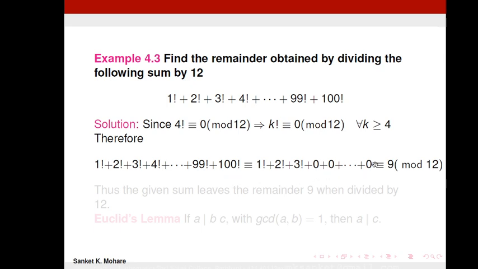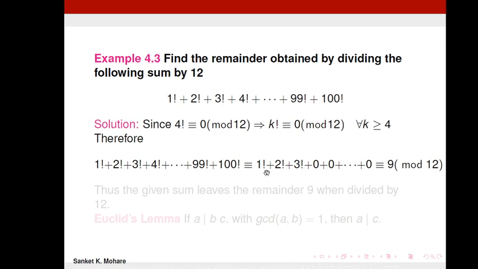Why do we take this 0? Because 4 factorial is congruent to 0 modulo 12. Similarly all other factorials greater than or equal to 4 are congruent to 0 modulo 12. Therefore 4 factorial becomes 0, 5 factorial becomes 0, up to 100 factorial becomes 0. So this sum is congruent to 1 factorial plus 2 factorial plus 3 factorial plus 0. And this sum is equal to: 3 factorial is 6, 2 factorial is 2, and 1 factorial is 1.